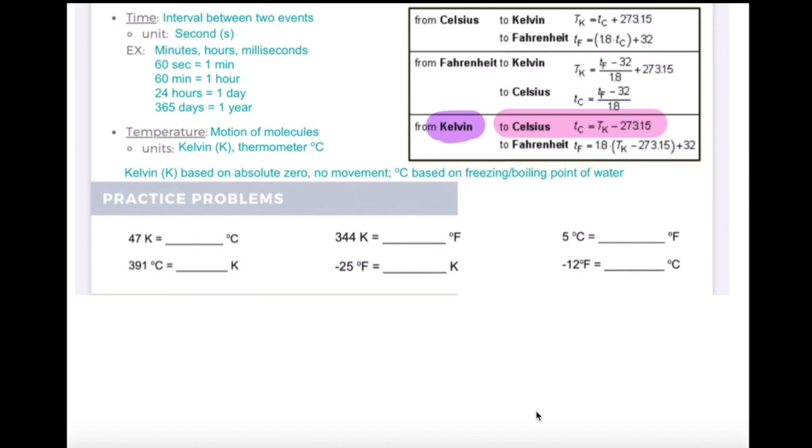The temperature in Celsius equals the temperature in Kelvin, which is 47, minus 273.15. So you would take 47 minus 273.15 in your calculator, and you should get negative 226.15.